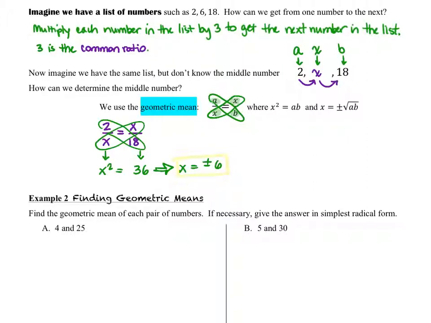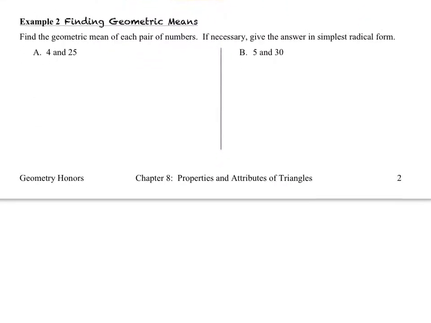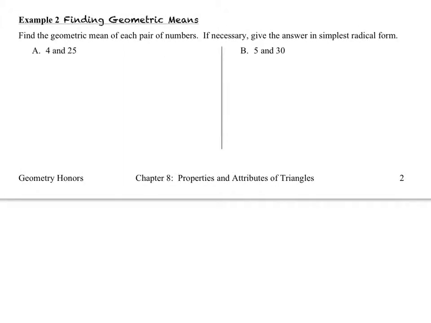So 6, either positive 6 or negative 6, is the geometric mean between the numbers 2 and 18. Now we already knew what the answer was because we saw the list beforehand, but this is describing how we come up with this idea of the geometric mean. We have 2 numbers. If we want to find the geometric mean between them, we multiply them and then take the square root. So example number 2 has us finding geometric means, and we're going to follow that same pattern.